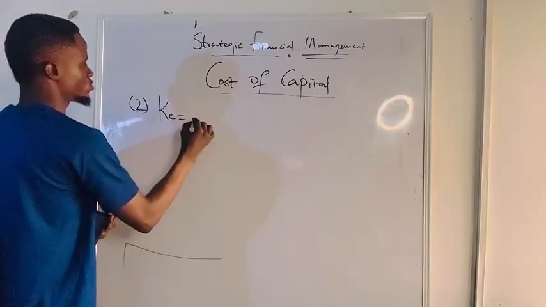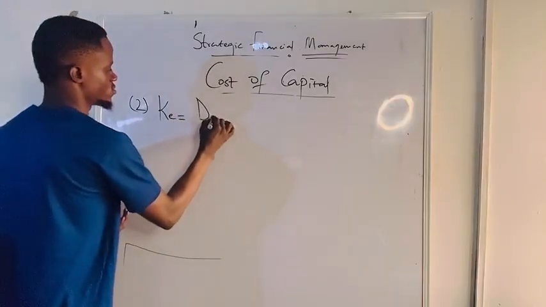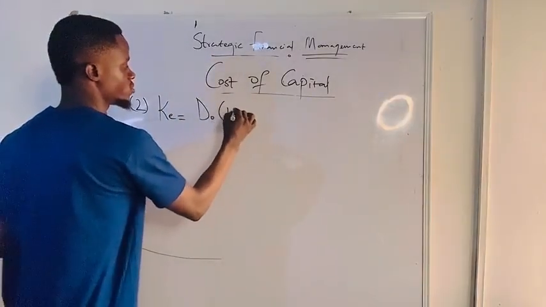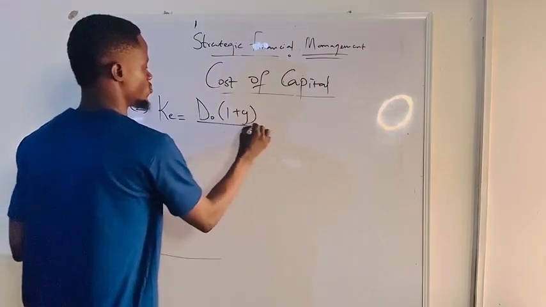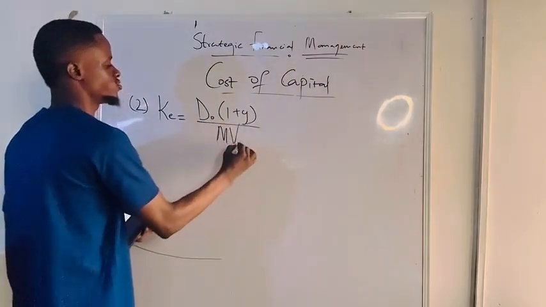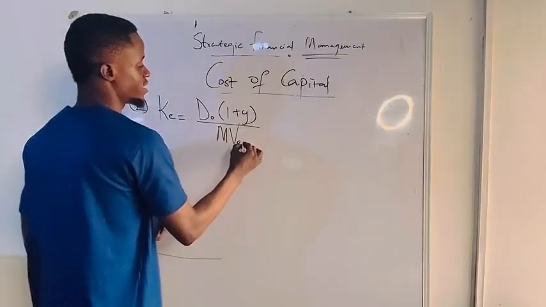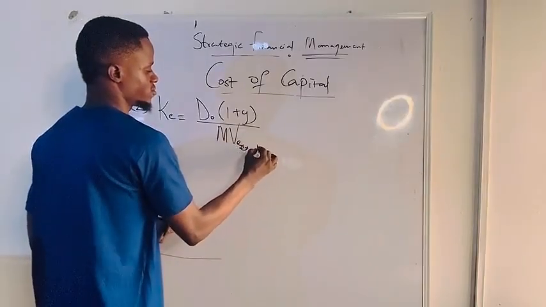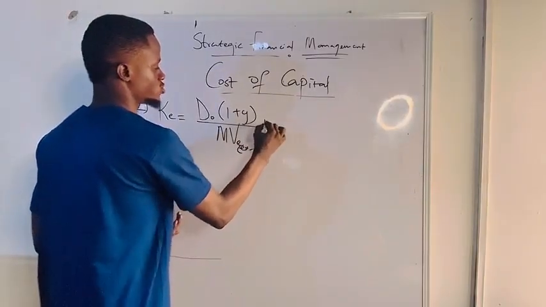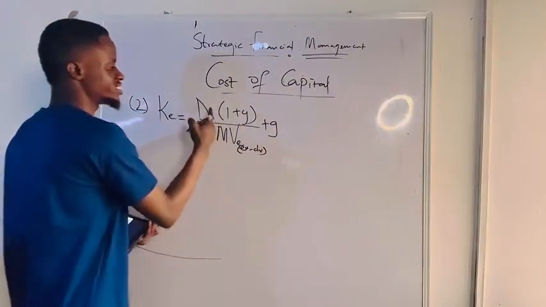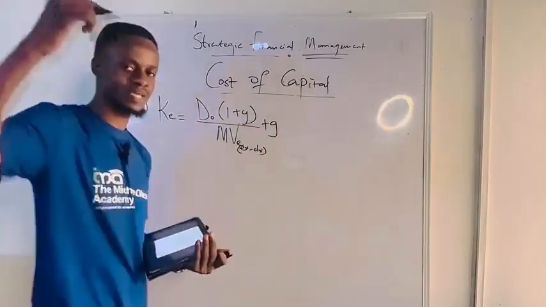KE is equal to D0 (1 plus G) over market value of equity ex-div, plus G when we have growth, and D0 is the base dividend that has been paid.